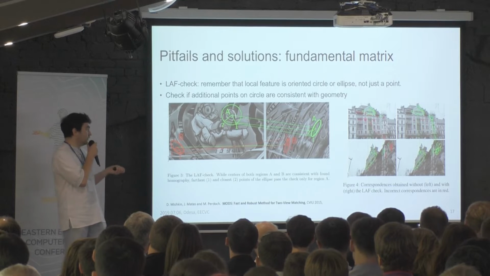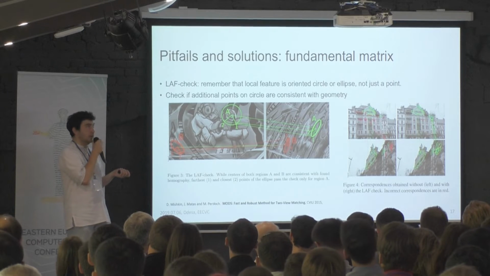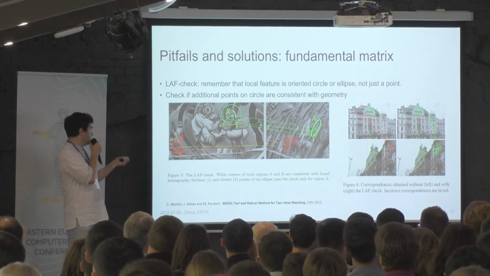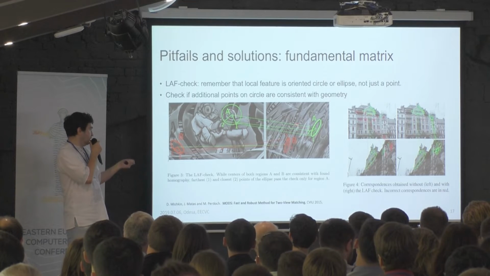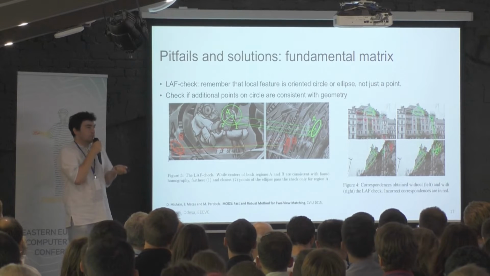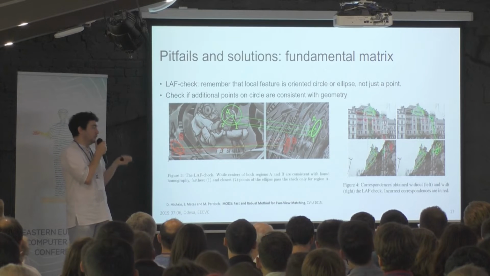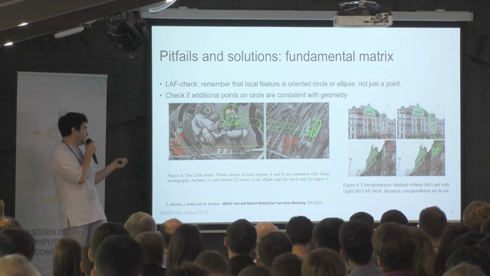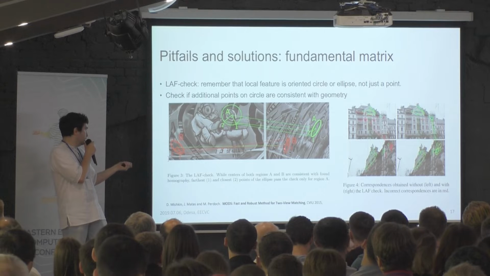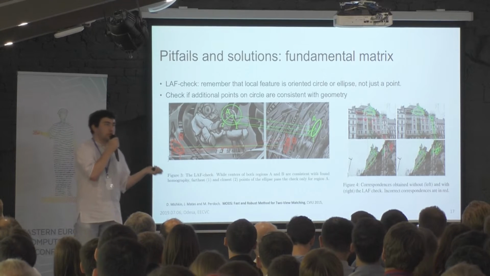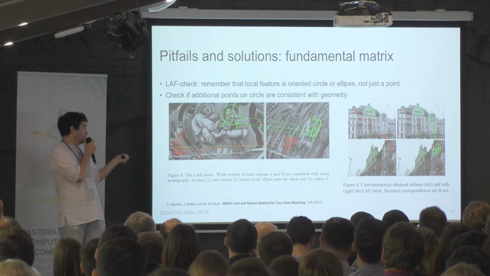So you first fit the model with the centers only, and then you check if these points on the circle, from the region, are also consistent with the model, and you can see that here they are and here they are not, despite the correspondence actually being correct, but the detected orientation is not.